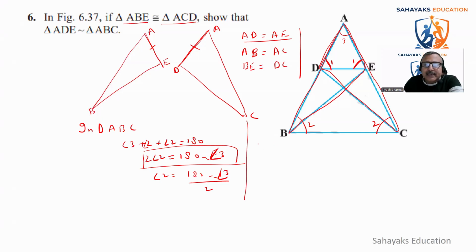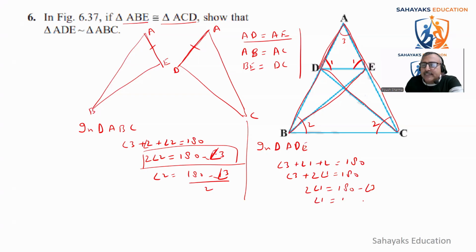Now I'm checking in triangle ADE. Angle 3 plus angle 1 plus angle 1 should be equal to 180, or angle 3 plus 2 times angle 1 should be equal to 180. So 2 angle 1 is equal to 180 minus angle 3, and angle 1 is equal to 180 minus angle 3, divided by 2.